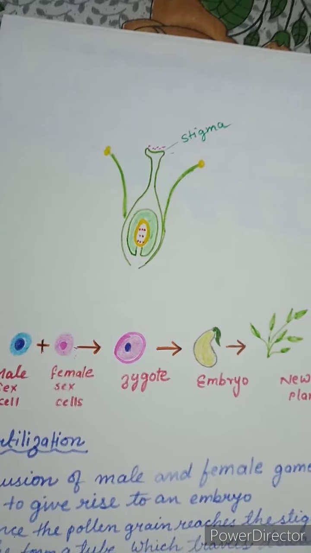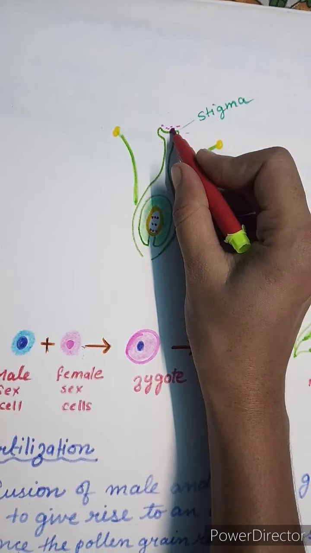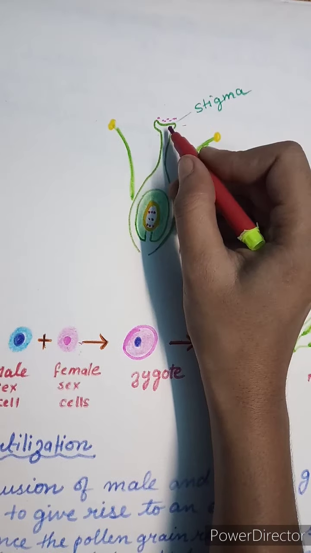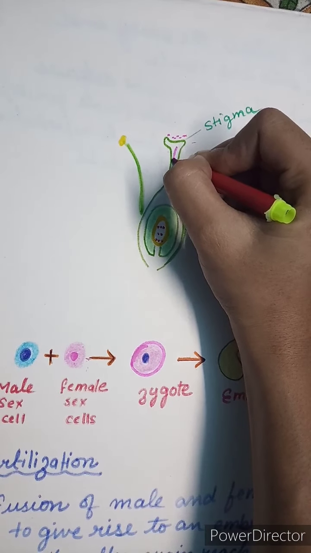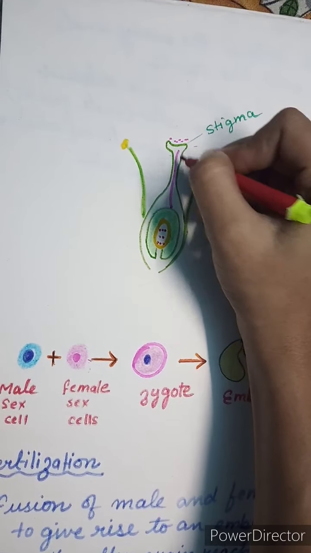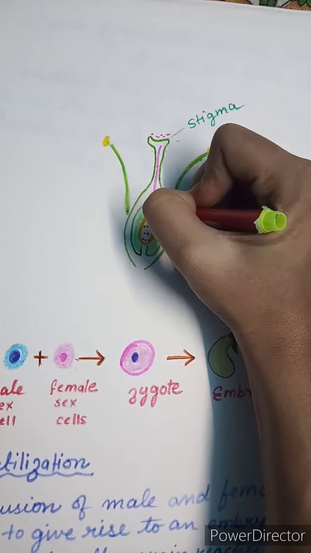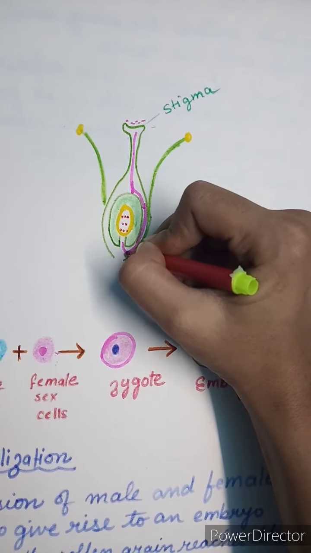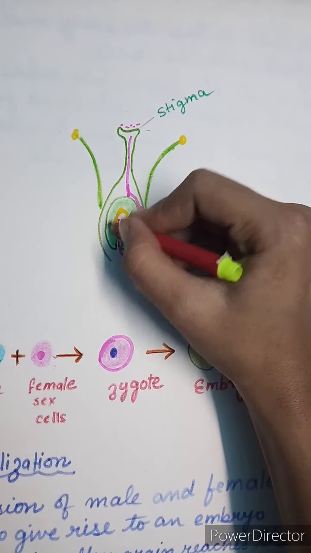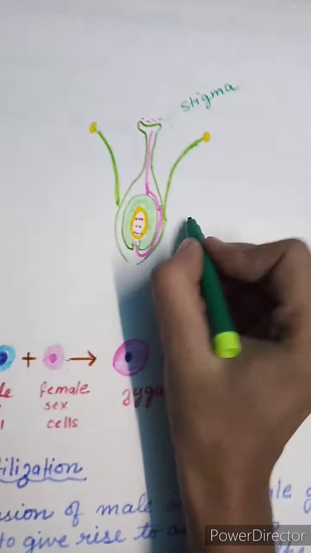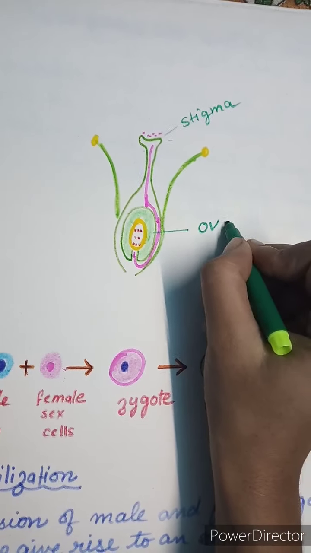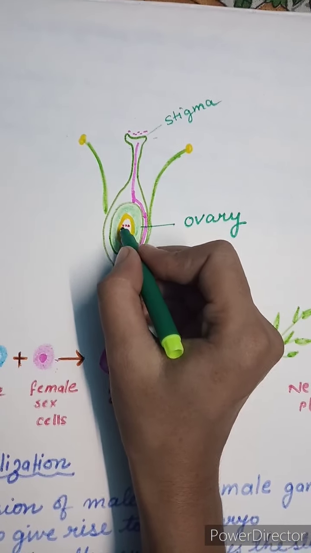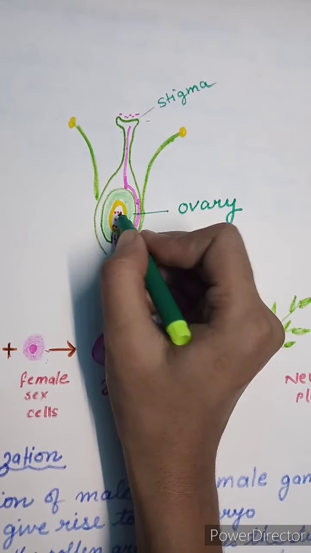So the pollen grain reaches the stigma here. Once the pollen grain reaches the stigma, it begins to form a tube-like structure, and then it reaches the ovary. The outer part is called the ovary, and inside there is an ovule.